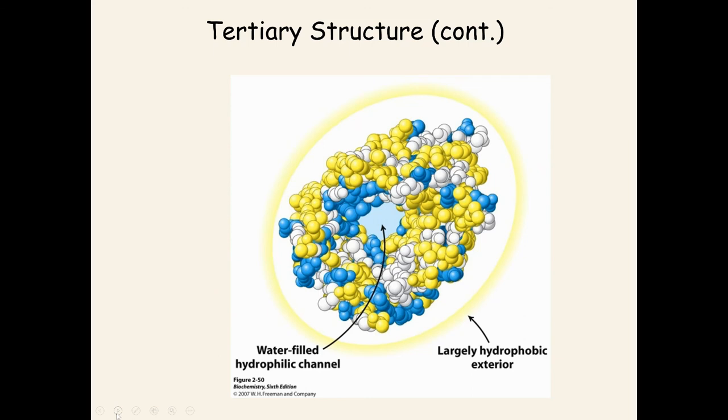This one's interesting. We'll come back to it. This is an example of an aquaporin, which is a protein that allows for the passage of water into the cell. And so this is a channel. So there are some proteins that serve as a channel to allow for the passage of something in and out of cells. We'll talk about this one more when we get to the discussion we'll have on cell membrane.